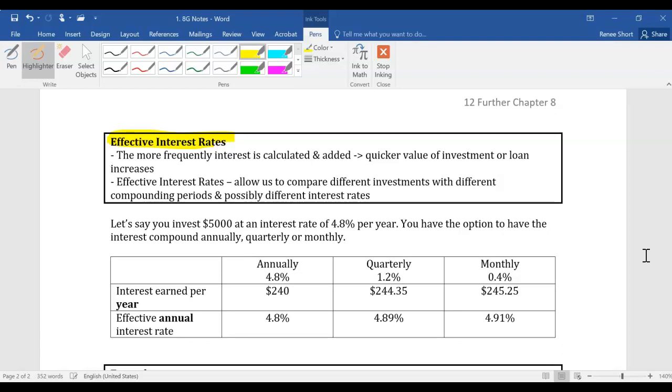What that means is my investment's going to increase much quicker, but because things might compound with different rates and different time periods, it's a little tricky for me to compare what's the best option to pick.